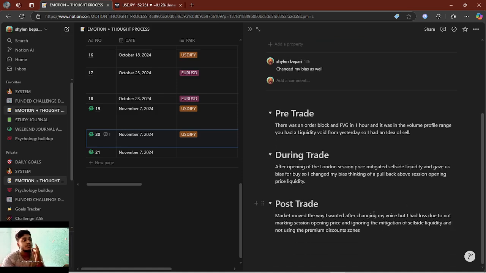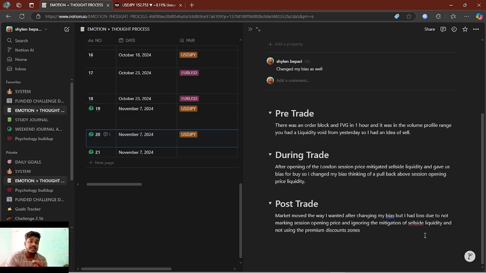And the post-trade market move that I wanted after changing my bias, but I had lost due to not marking the session opening price and ignoring the sell side liquidity.